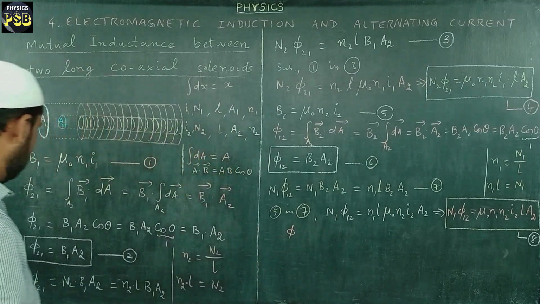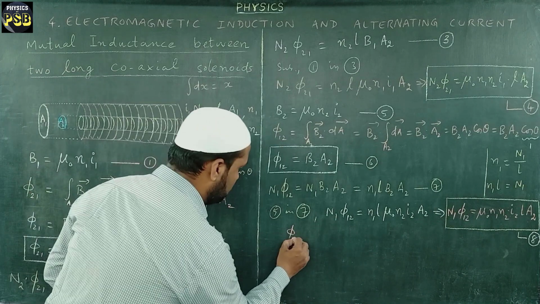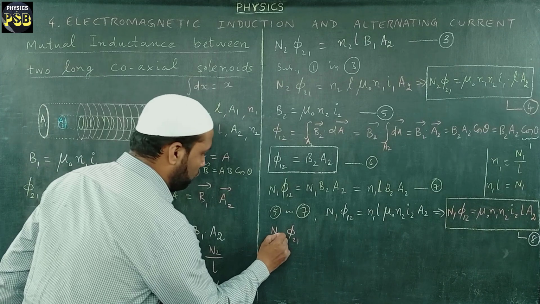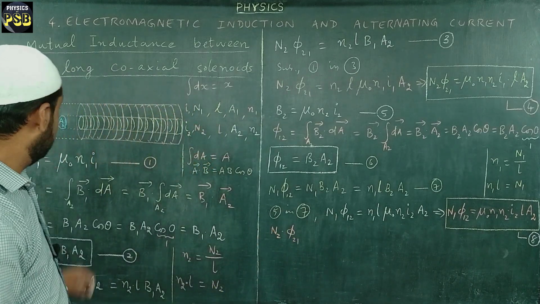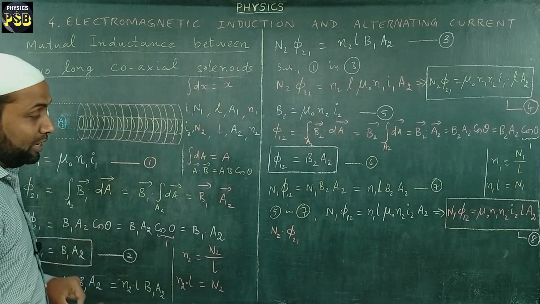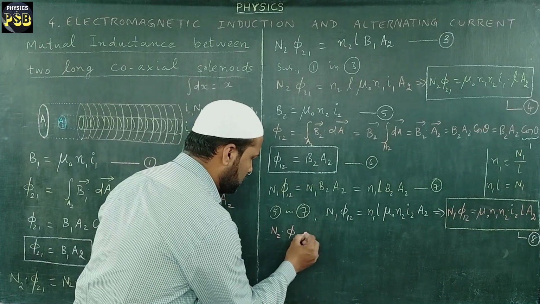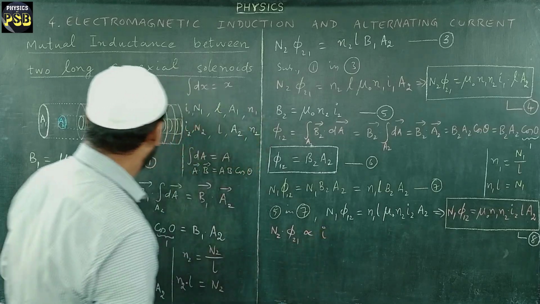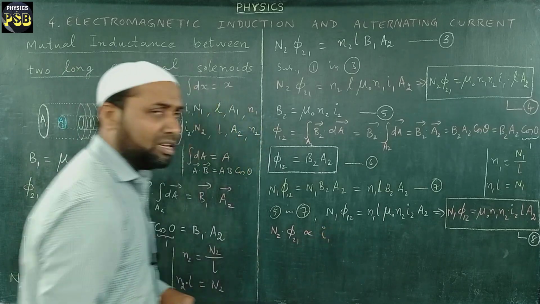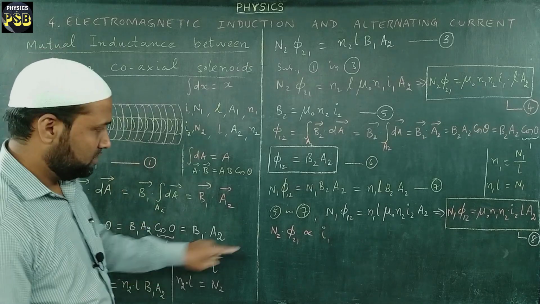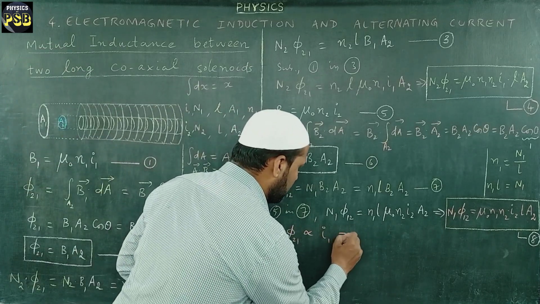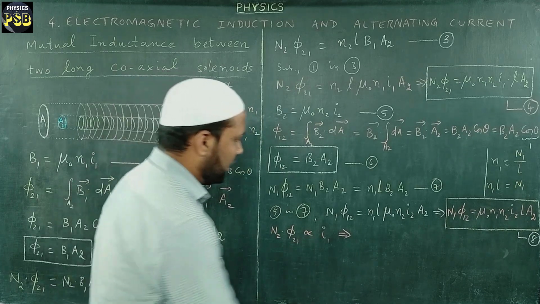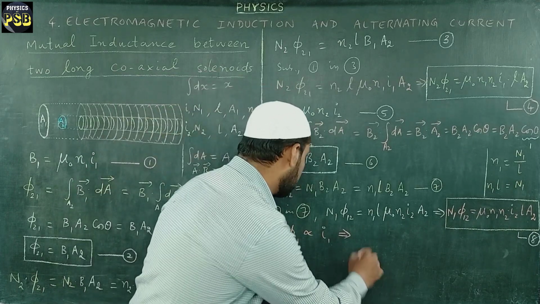I take N2 phi 2 1 first, which is the magnetic flux linked with the second solenoid. This is proportional to the current I1 passing through the first solenoid. When I remove this proportionality, I have to include a constant called the proportionality constant.